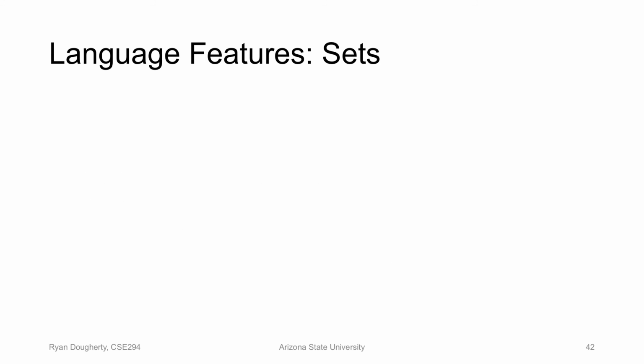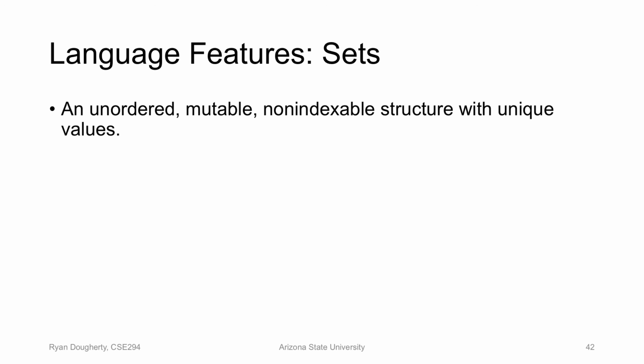Sets, what's a set again? Yeah, so it's just a collection of items that are unique. You can't index into this because it's an unordered data structure, but the cool thing is you can mutate items in it. Obviously you can add items and delete items because it's a set of unique items.